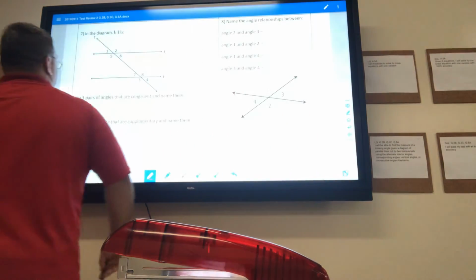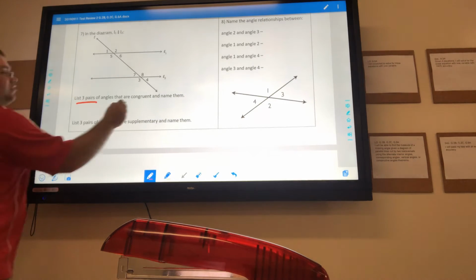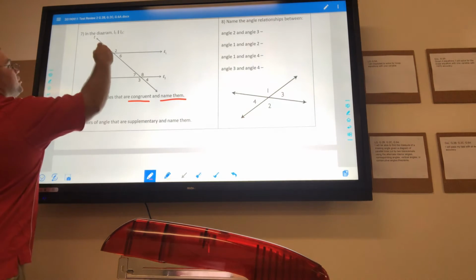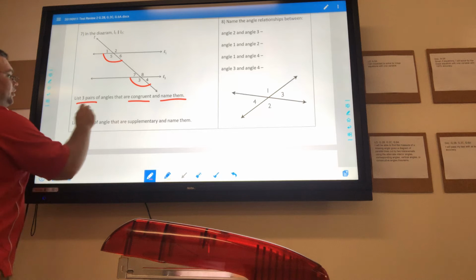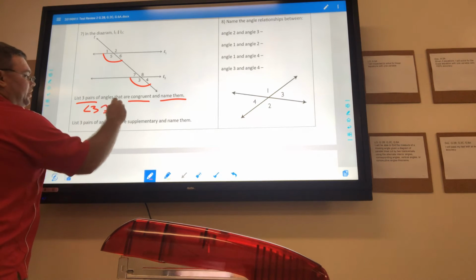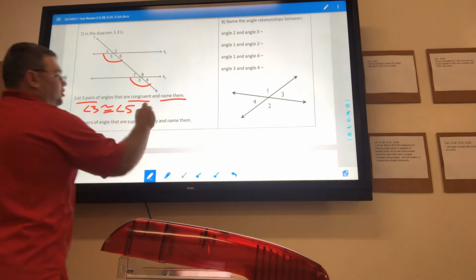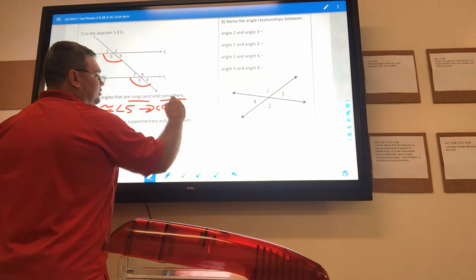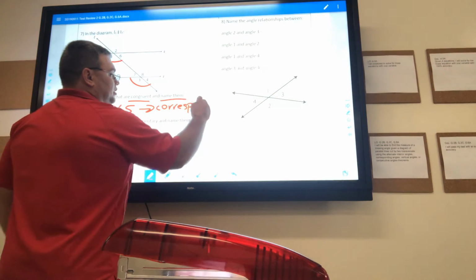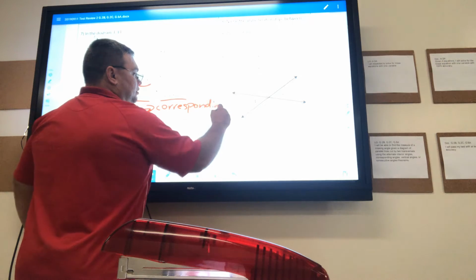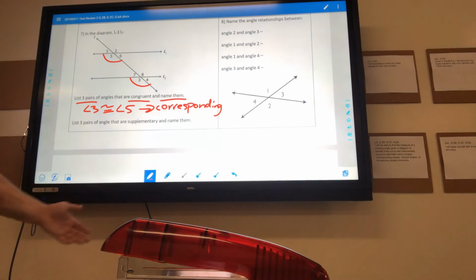Number 7 wants me to name 3 pairs of angles that are congruent and then name them. I'll name the first set: angle 3 is congruent to angle 5, and those are corresponding angles. You have to be able to name them like I just did.